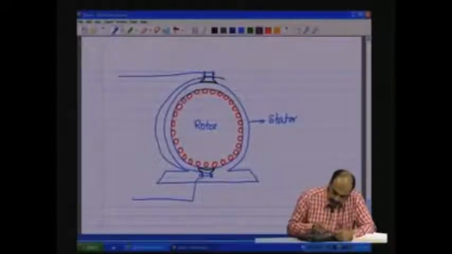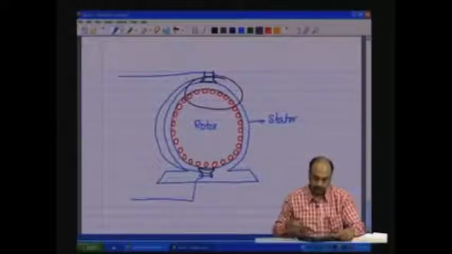Now, let us look at a segment of this induction motor here.